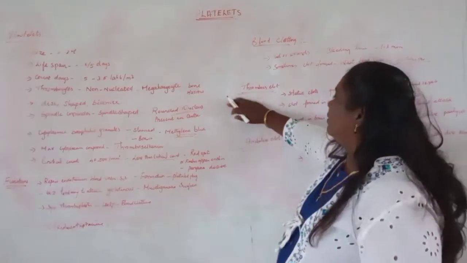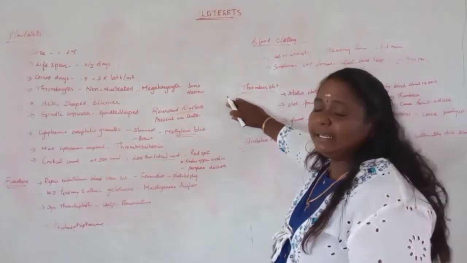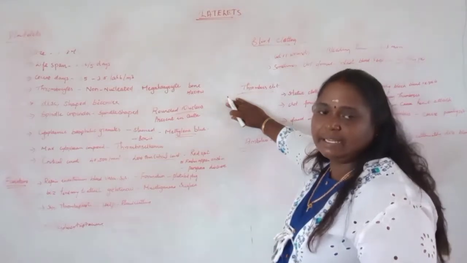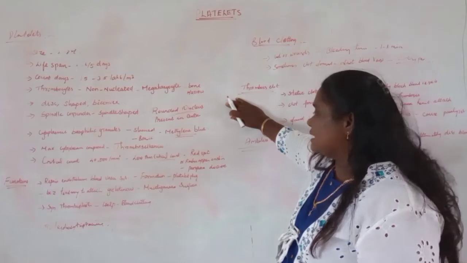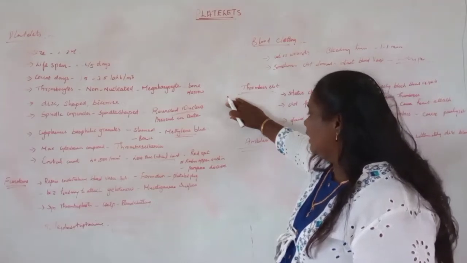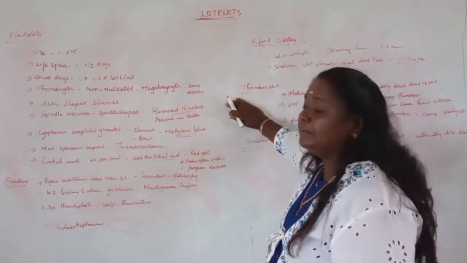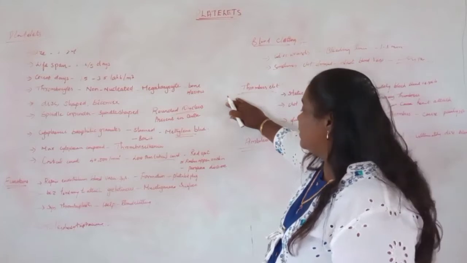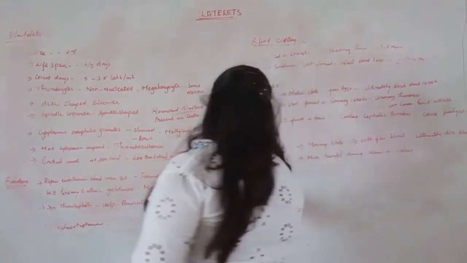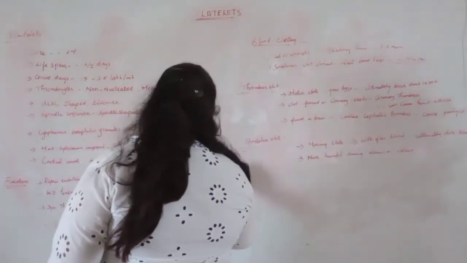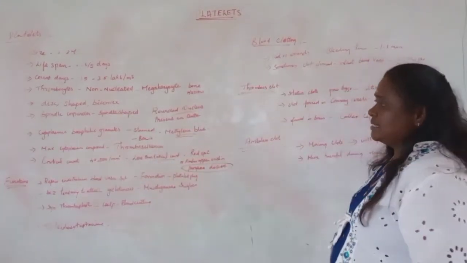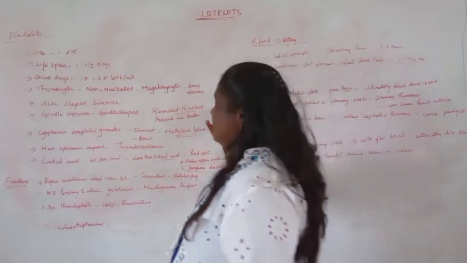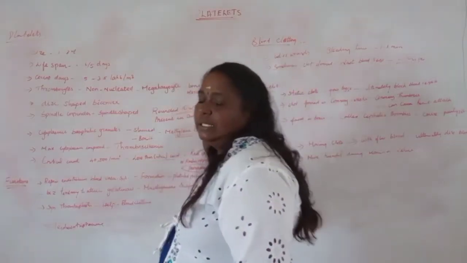The platelet level in the blood is reduced from the normal count. The red spots or rashes appearing on the skin cause a disease, and that is considered purpura disease. So these are the basic points about the platelets.